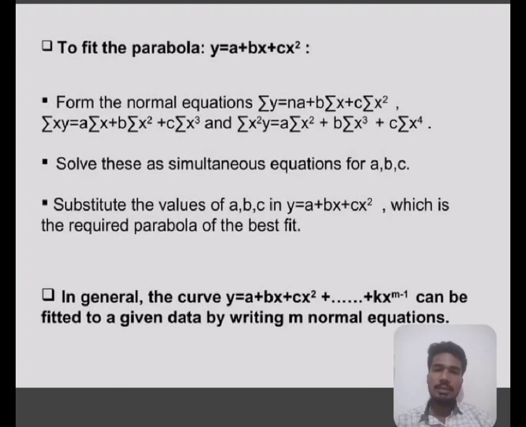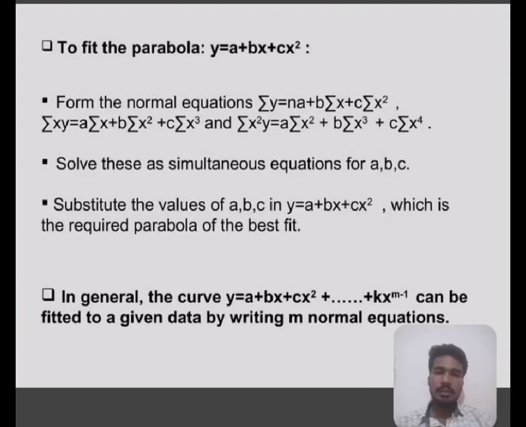Solve these as simultaneous equations for a, b, c. Substitute the values of a, b, c in y equals a plus bx plus cx square, which is the required parabola of best fit.